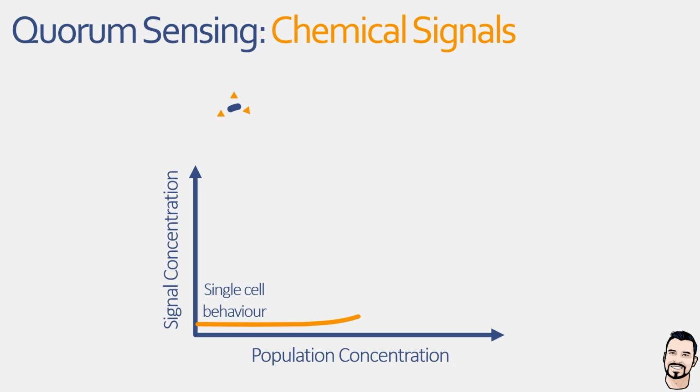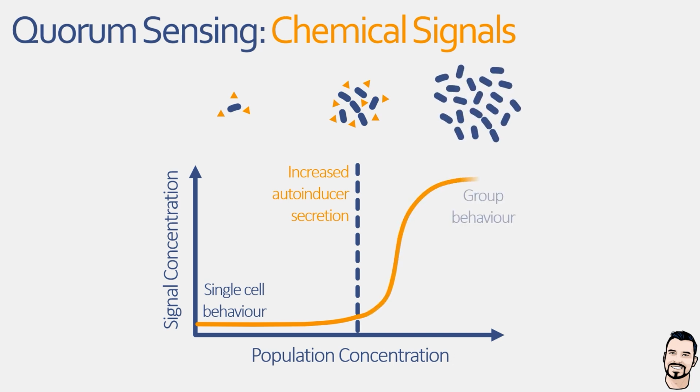However, when the bacterial population increases, autoinducer molecules begin to accumulate in the environment, and so when a critical threshold is reached, which is known as a quorum, the bacterial cells shift collectively as a population, and they initiate various group behaviours by altering gene expression. Now, in the context of medical microbiology, this will usually result in behaviours such as biofilm formation and the production of various virulence factors.